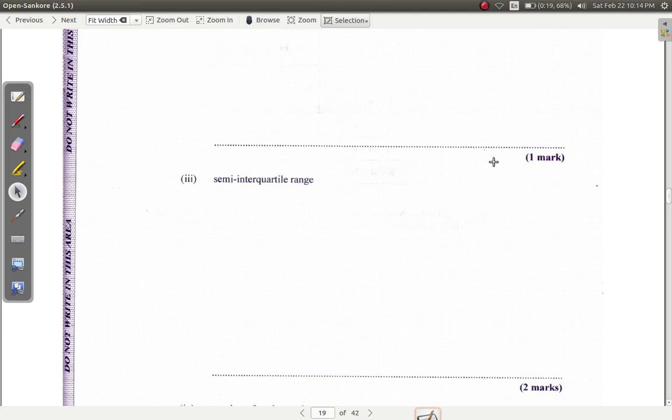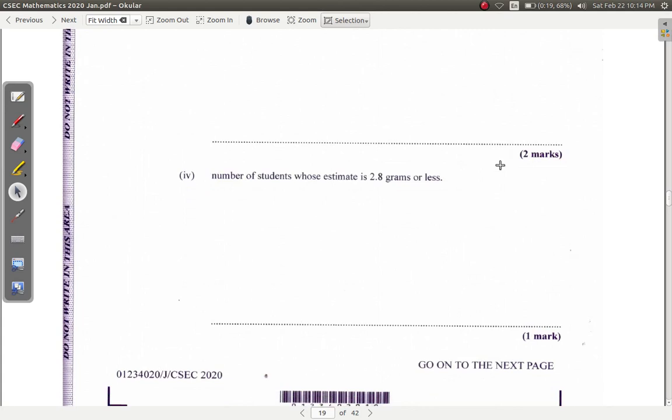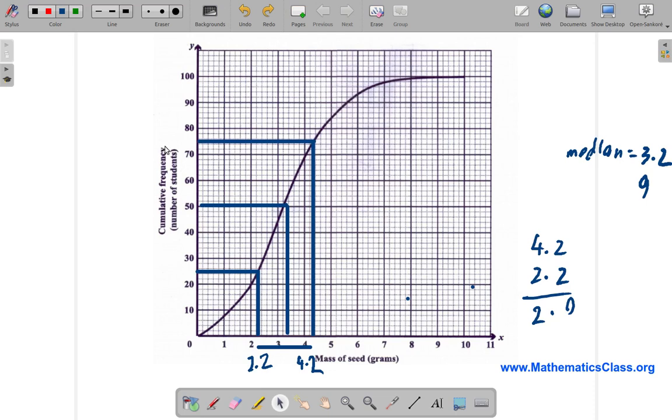Now, what else does it say you're supposed to do? You're going to find the number of students whose estimate is 2.8 grams or less. Let's erase some of these workings.